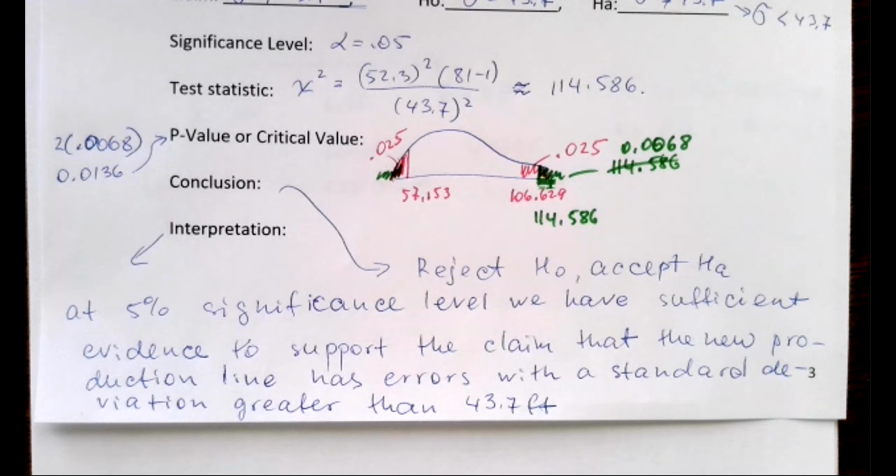Think about it. If you're in charge of making a decision whether to buy this new equipment or not, what would you decide? If your standard deviation is greater than the old equipment produced, then is it worth it to invest in getting this new equipment if the accuracy of it is less?